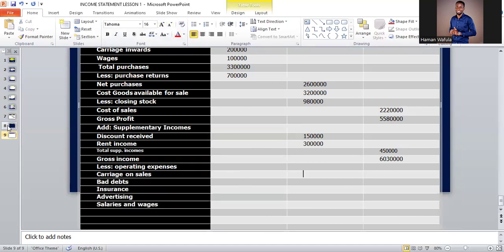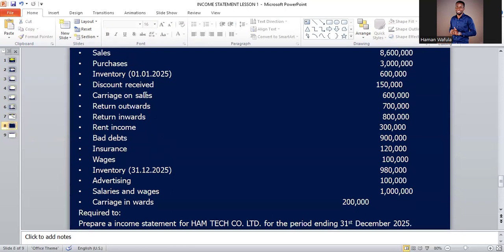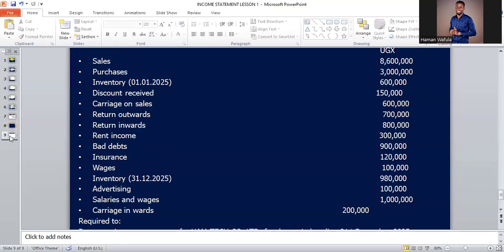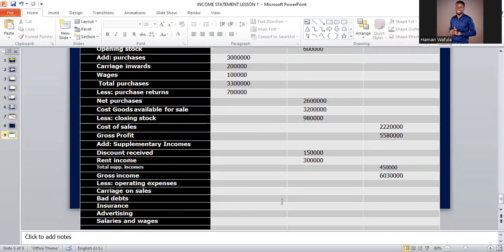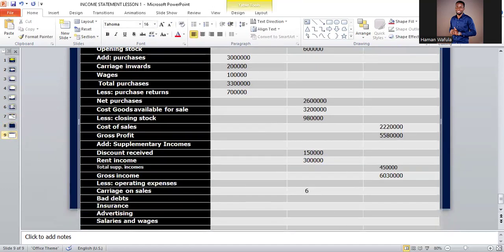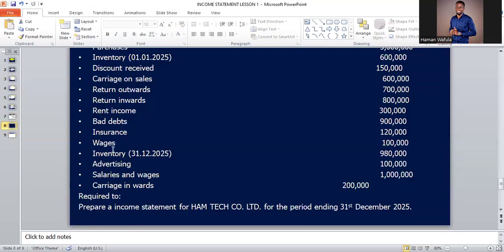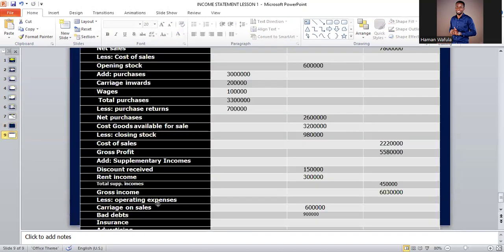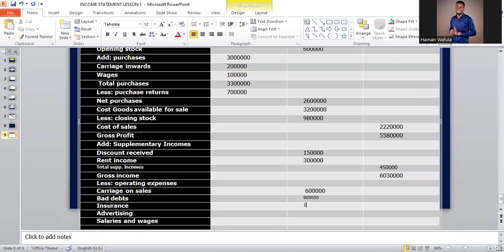So right there in this column, carriage on sales is 100,000. Bad debts is 900,000. Insurance is 120,000.